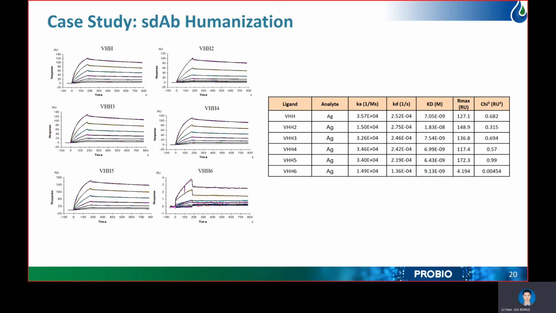After reviewing the affinity and the specificity, we further selected 1 lead from the naive library to conduct the humanization using the strategy described in previous slides. Most of the humanized candidates maintain the original affinity at 10 to the minus 9 range, which is single-digit nanomolar.